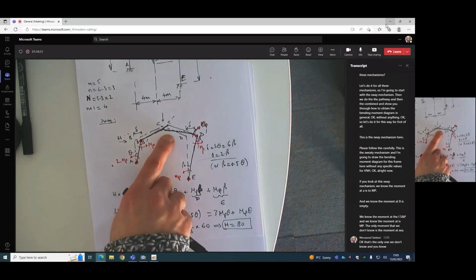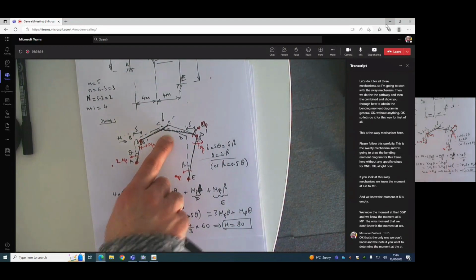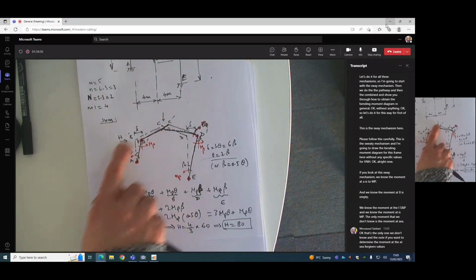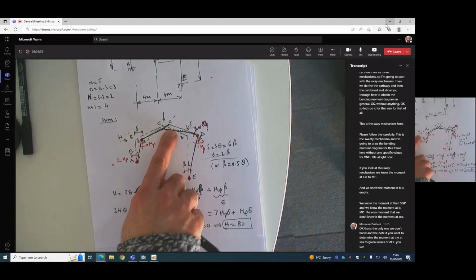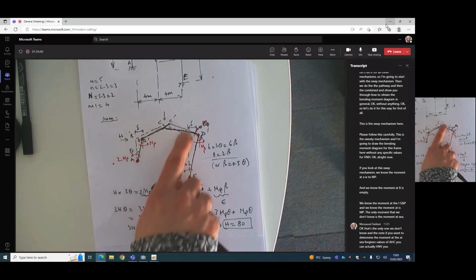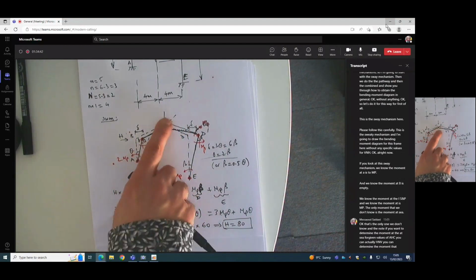For given values of H and V, you can determine the moment at C by taking cuts.